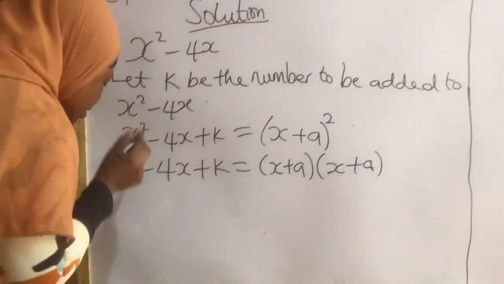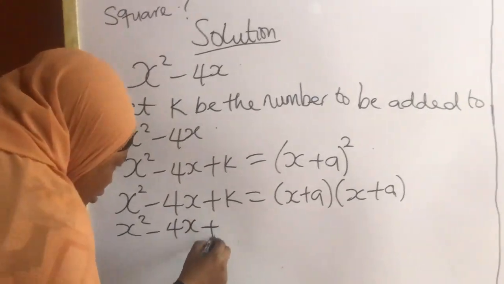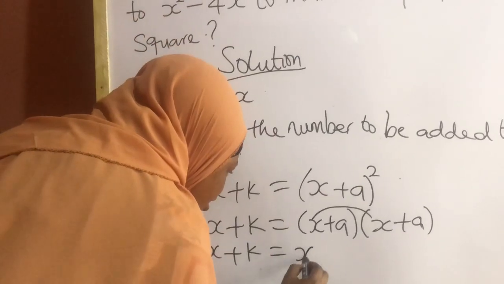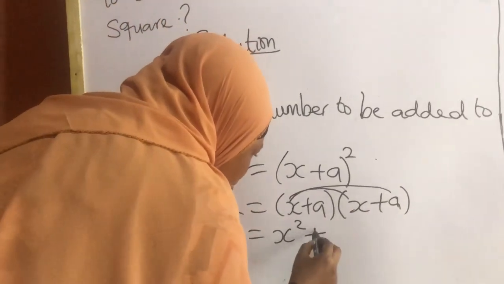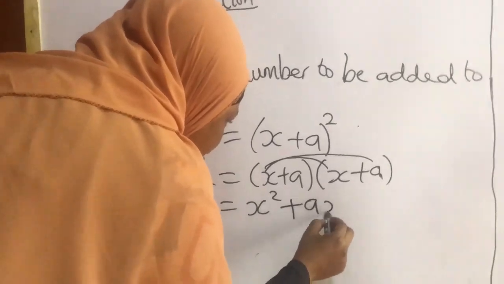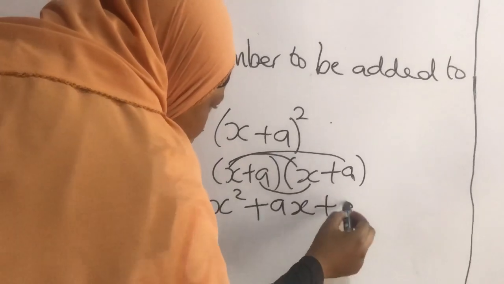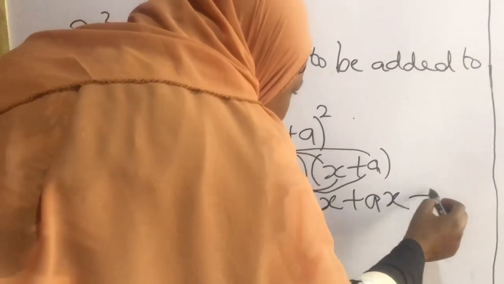So let's expand. x squared minus 4x plus k is equal to x multiplied by x, which is x squared, x multiplied by plus a is plus ax, a multiplied by x is plus ax, and plus a multiplied by plus a is plus a squared.